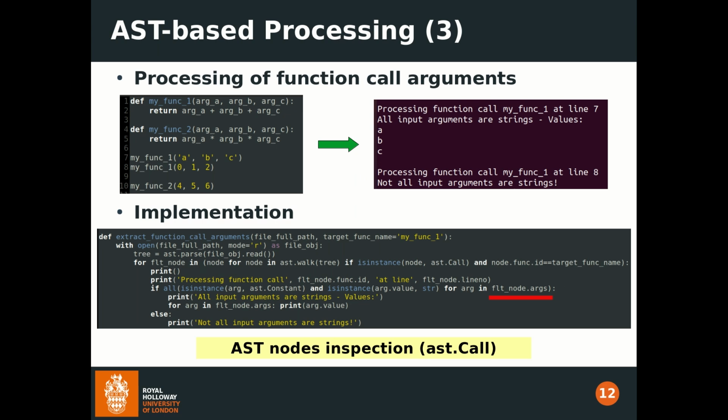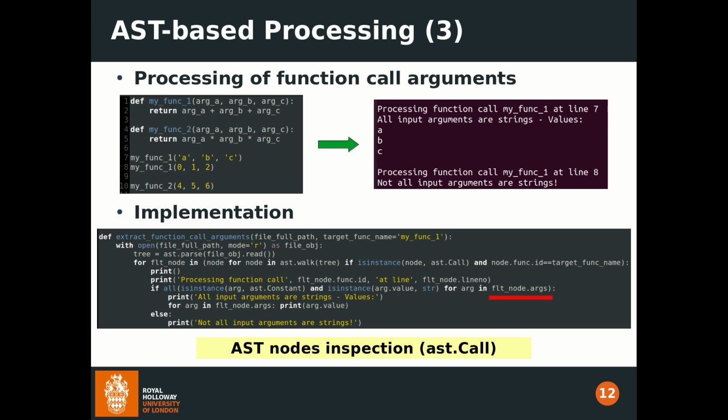Last example. At the very beginning, we saw how to process AST nodes with function definitions and extract the names of the functions. How about processing actual function calls? Let's take a look at the source code on the top left corner. 2 simple functions are defined, but only function 1 can be called with arguments that are either all strings or integers.